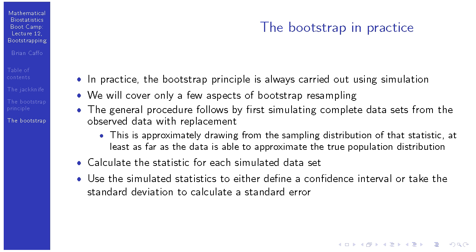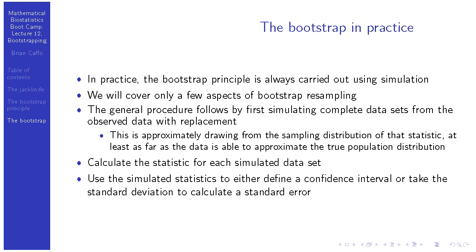And then the process of bootstrapping has this interesting resampling interpretation. So what do people wind up doing? The general procedure follows by taking the data set and simulating complete data sets with replacement. So we put all of our data points in a bag.